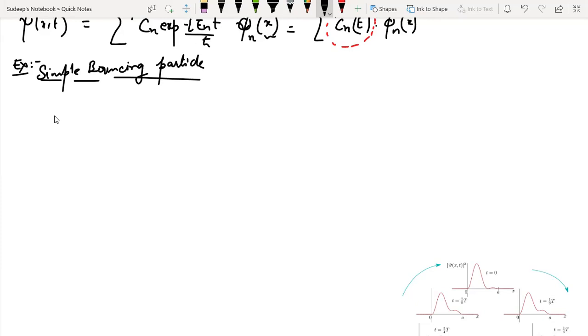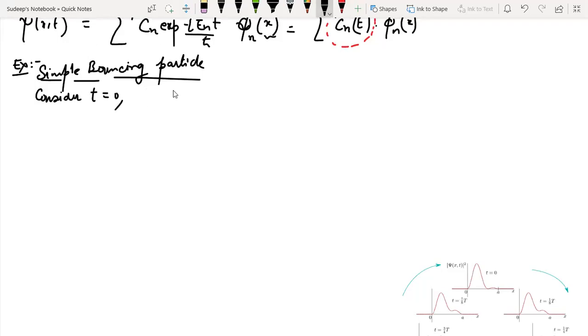So I really want to see that if I'm given a particle which is bouncing back and forth, in this particular problem, how the superposition of energy eigenstates evolves with time. And so, I'm interested in the dynamics of the energy eigenstates. So let us consider a wave function at time t equal to 0, which corresponds to a simply bouncing particle.